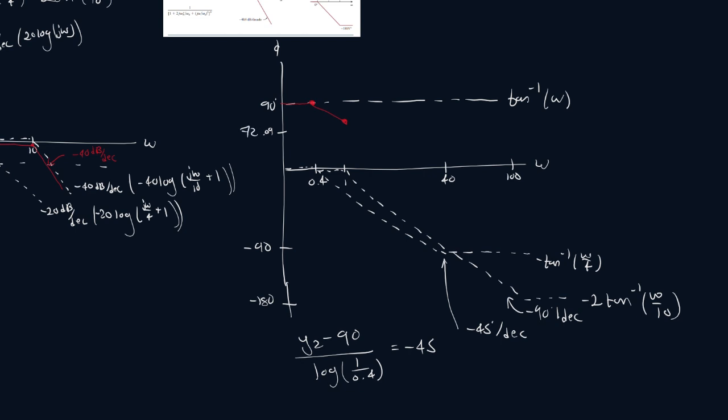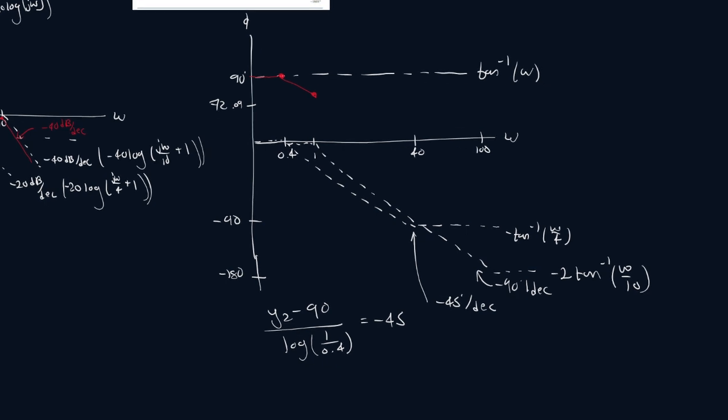All right, and then as we go from 1 to 40, which is when our next change happens, this goes to 0. This continues at minus 90. Our slope increases. So minus 45 minus 90, that's minus 135. So we get a giant slope until we reach 40. Let's get this point.